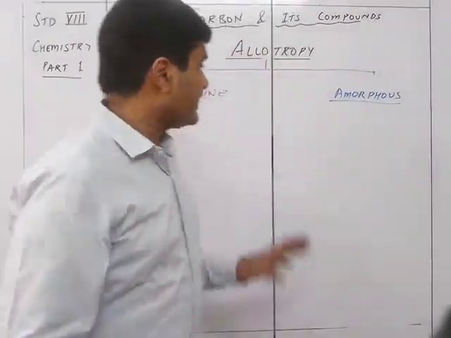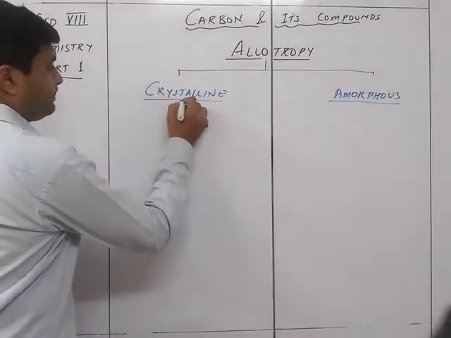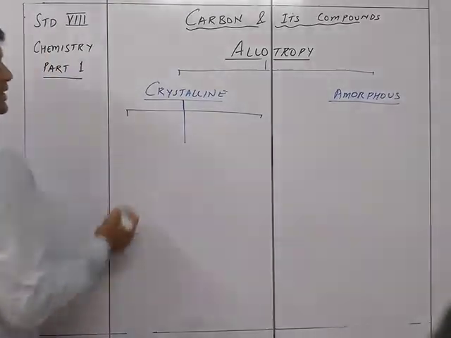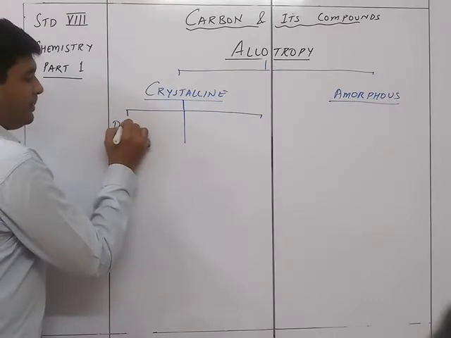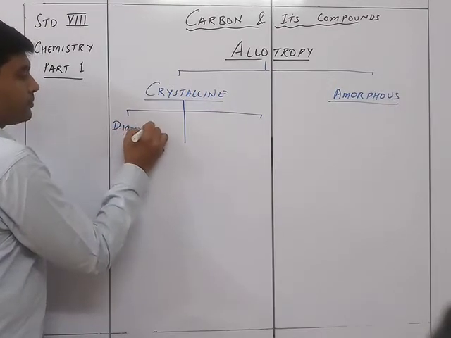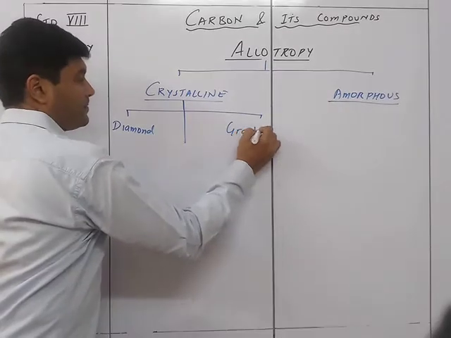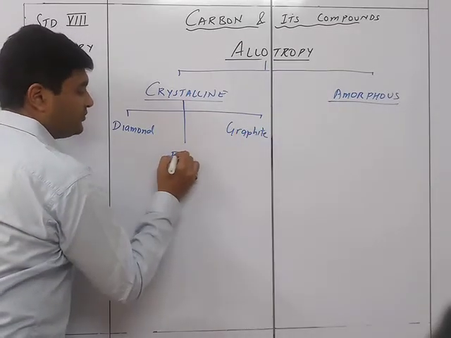So in case of the crystalline form, there are three different kinds. The first one is diamond, the second one is graphite, and the third one is Fullerene.